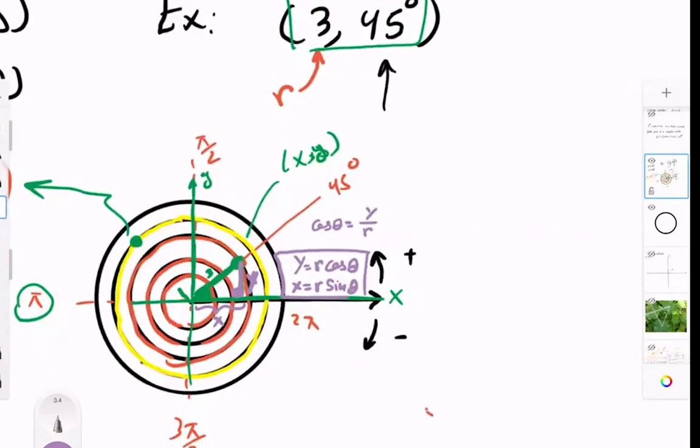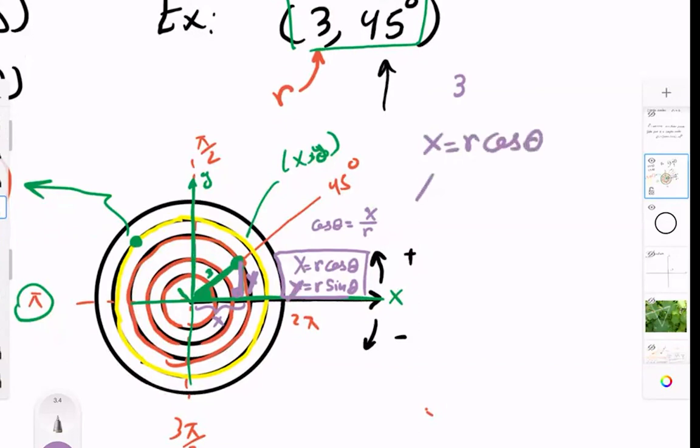No, cosine theta, sorry guys. Cosine theta is x over r. So x equals r cosine theta.